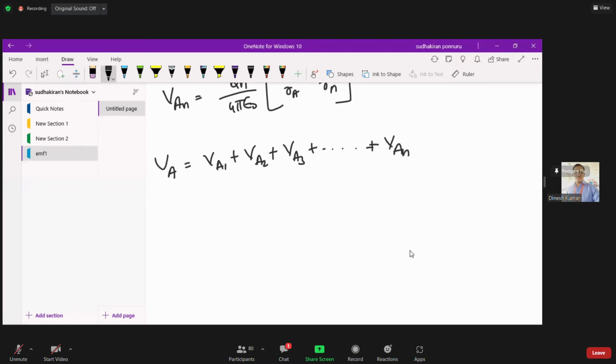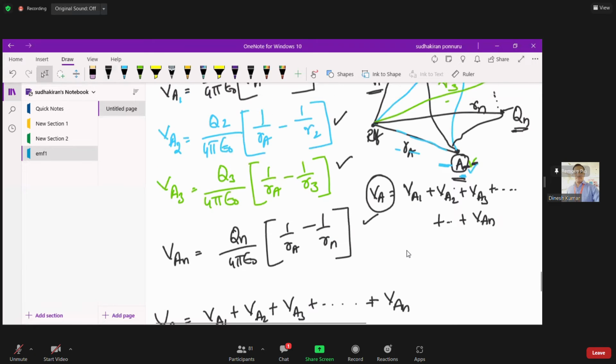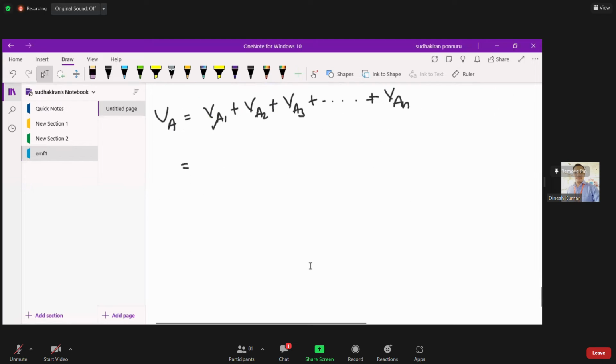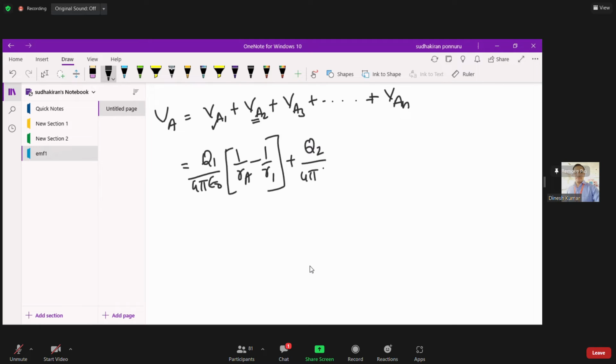What is the value of VA1? VA1 we have already found. VA1 is equal to Q1 divided by 4 pi epsilon naught times (1 by RA minus 1 by R1), plus VA2, which is Q2 divided by 4 pi epsilon naught times (1 by RA minus 1 by R2).